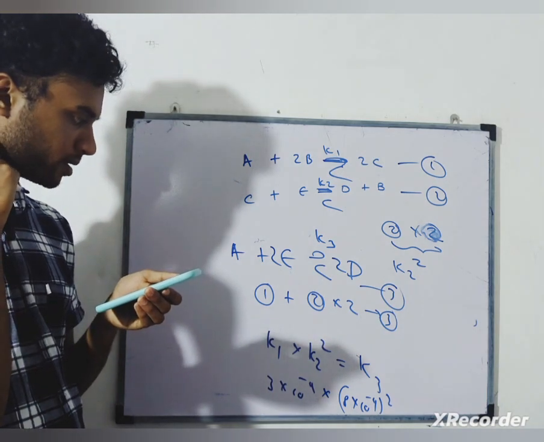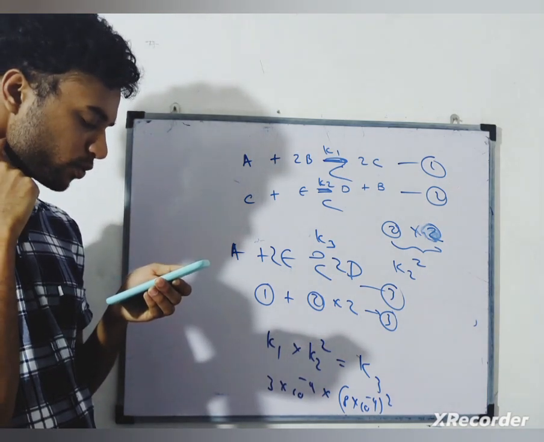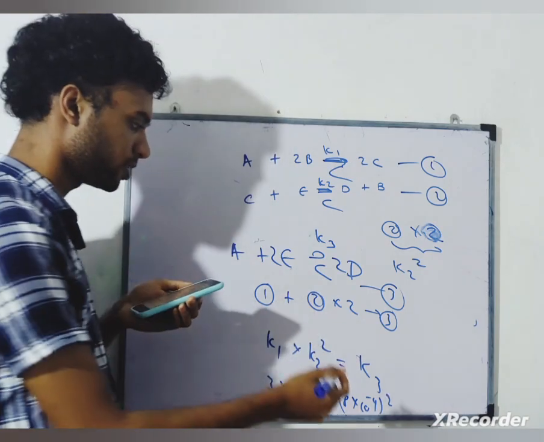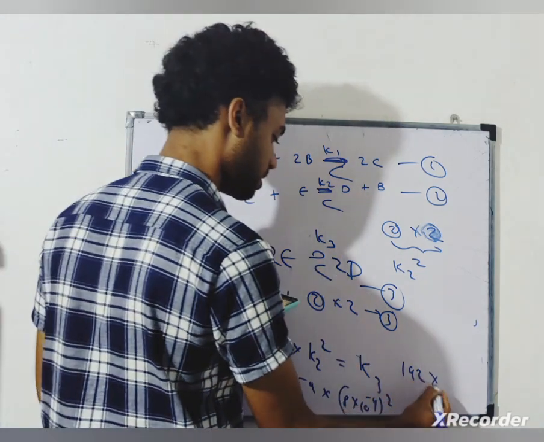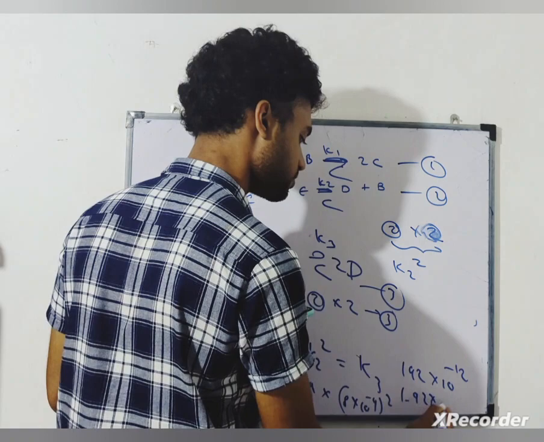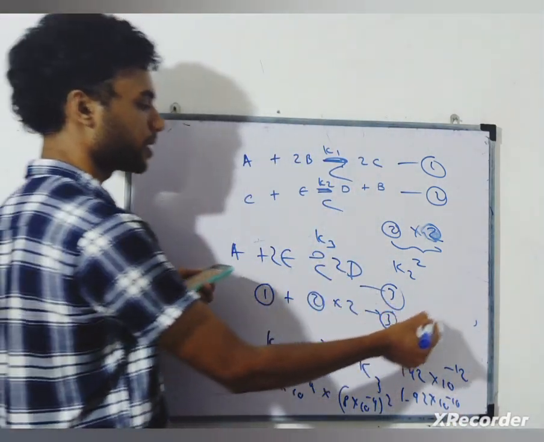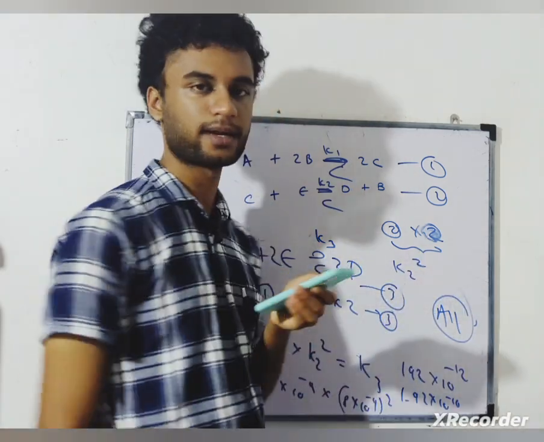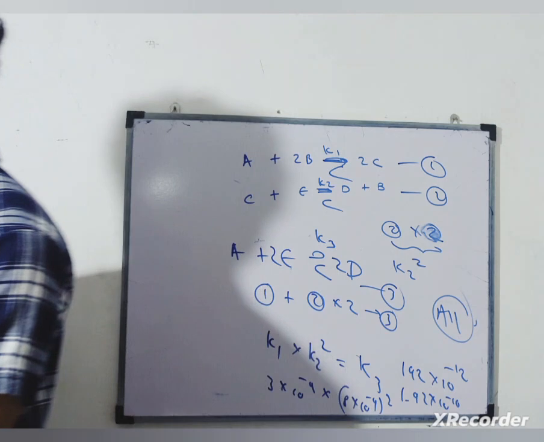Then I get 64 times 3. 64 times 3 is 192. Then I have 192 times 10 power minus 12. Then I get 1.92 times 10 power minus 10. The answer is not there, so that's why they have given this option as 'all'. So you can use this technique. Listen to this again and you'll understand.